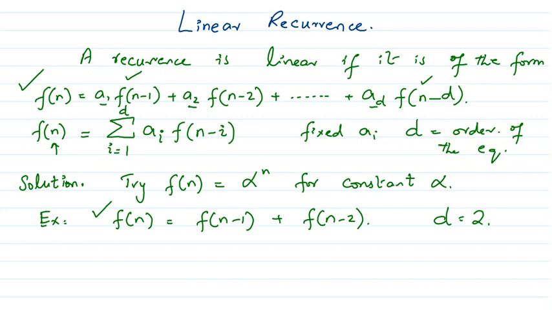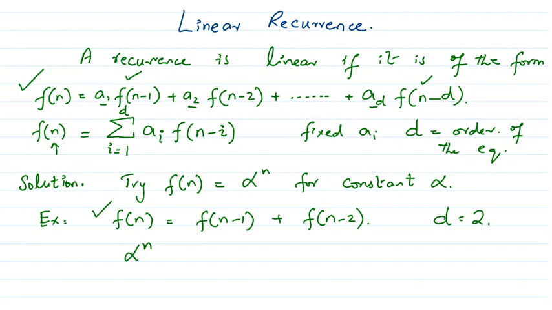So one very common technique to find the solutions, or the formula for such recursive equations, is to take f of n in the form of alpha power n, right? Now with this alpha power n, f of n की जगह मैं plug in करती हूँ alpha power n.